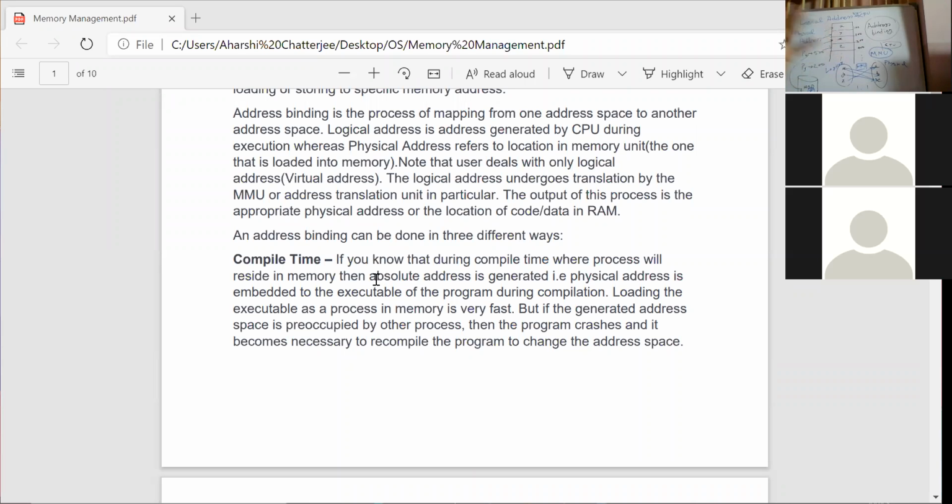So that is basically compile time address binding, which says that during the compile time you know where you have to place the process in the memory. And memory means RAM. Whatever I am saying by memory, please consider it as RAM.